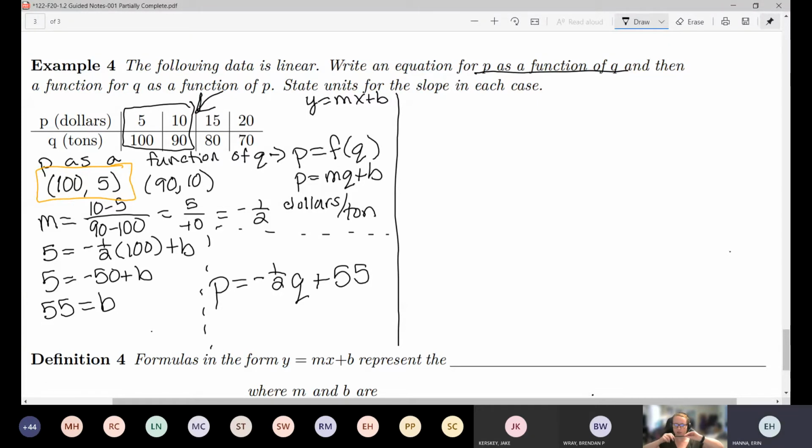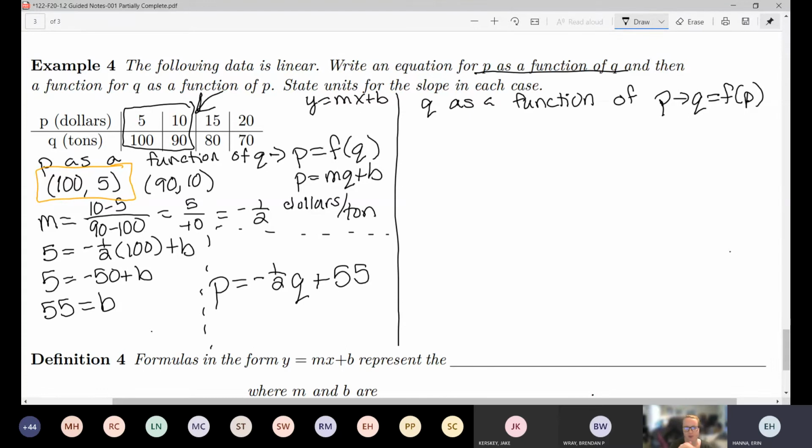I'll give a couple more seconds if anybody else has another question. Cool. So now we're asked to do essentially the opposite. We're also asked for q as a function of p. So essentially now our variables are flip-flopped.